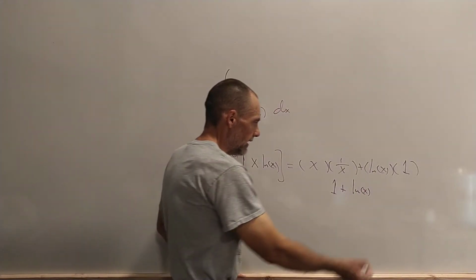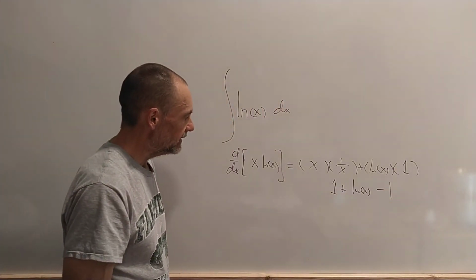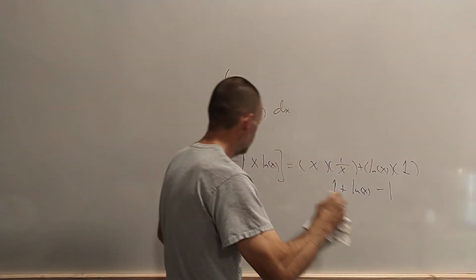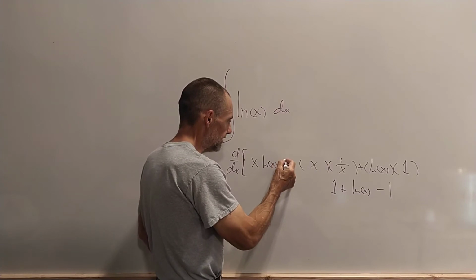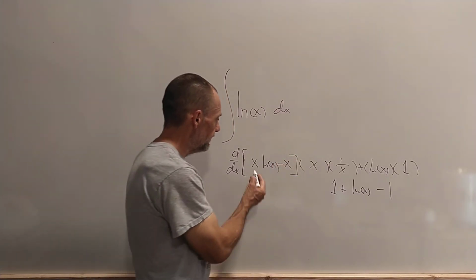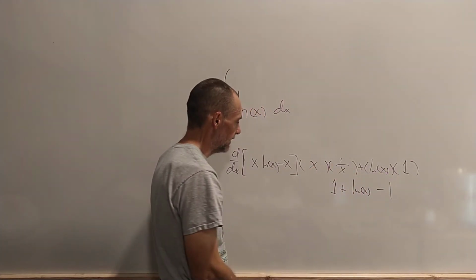If I could get a minus 1 over here, I'd actually be done, right? What do I have to put in here to get a minus 1 in the derivative? I think that's not too bad, right? It's just minus x, isn't it? The derivative of x log x is this product, which is going to be 1 plus log x.